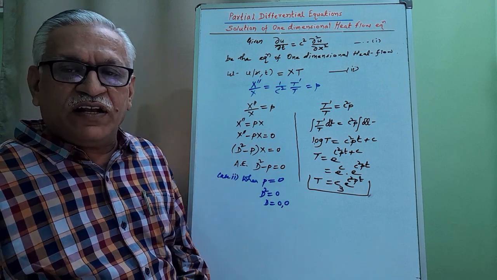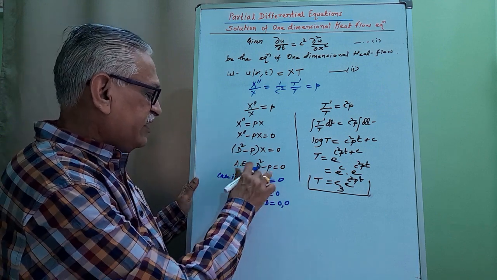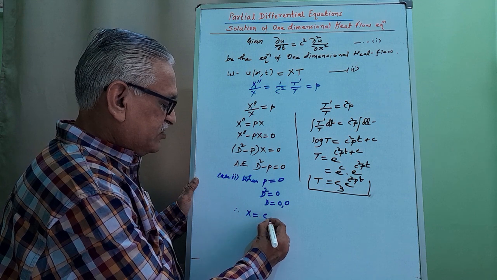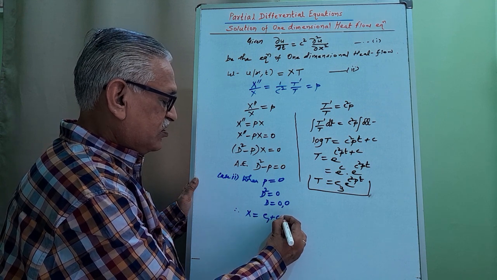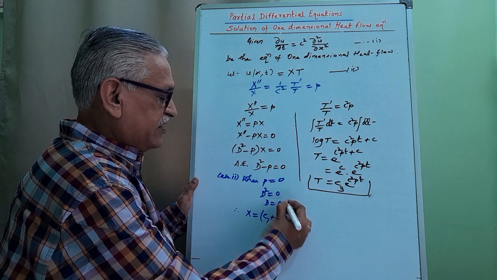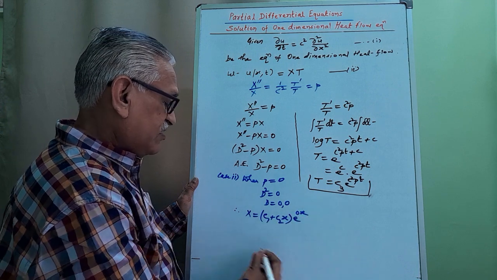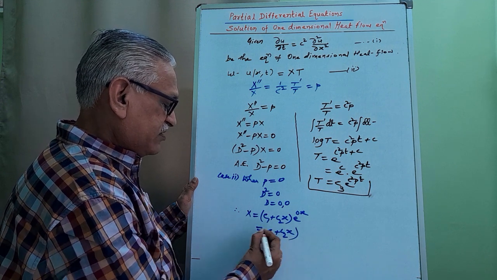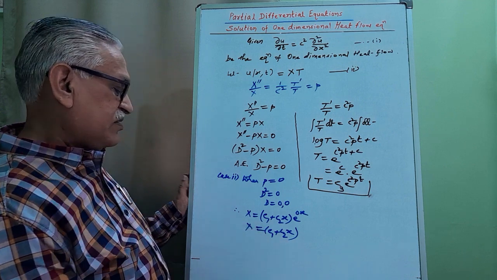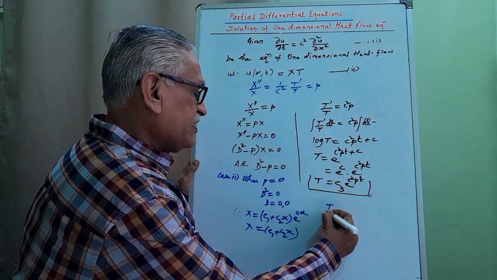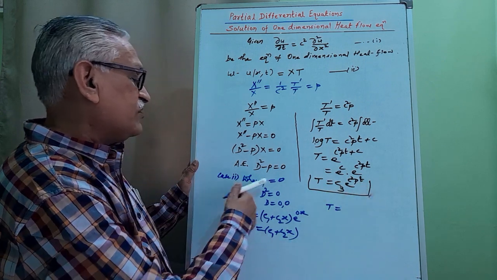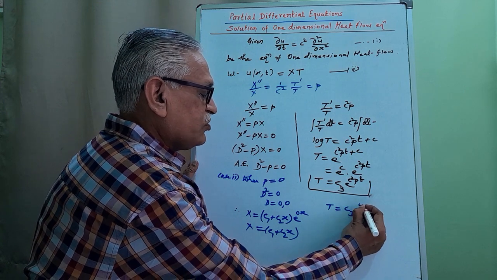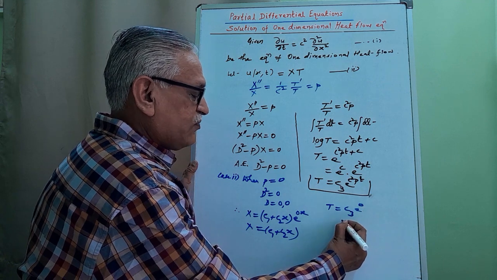We get two real and equal roots for D, and therefore whenever the roots are real and repeated, that solution is given by c1 plus c2 into x and e raised to 0x, means it is c1 plus c2 x is the value of capital X, and the value of capital T when p is 0 becomes c3 e raised to 0, and e raised to 0 is 1, therefore it is c3.